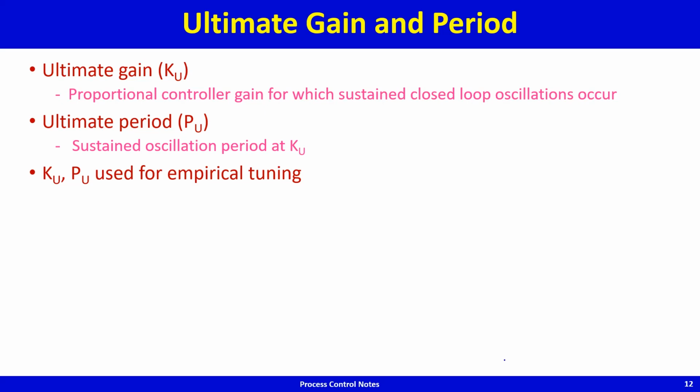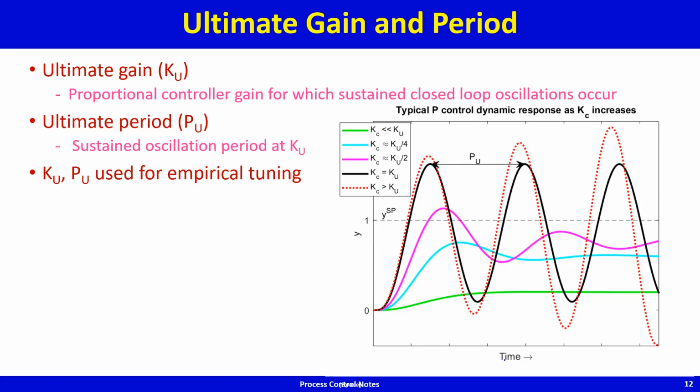And just to drive home the point, I simulated a system where the green line is Kc much smaller than Ku. The cyan line is for Kc about 1/4 of ultimate gain. The magenta line is for Kc about half of Ku.